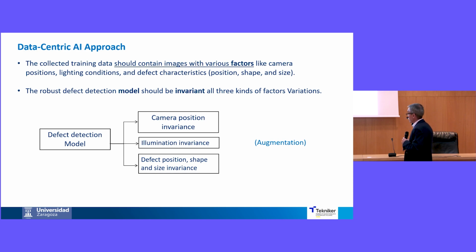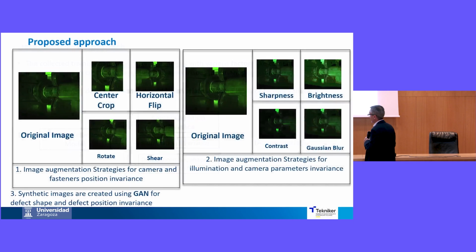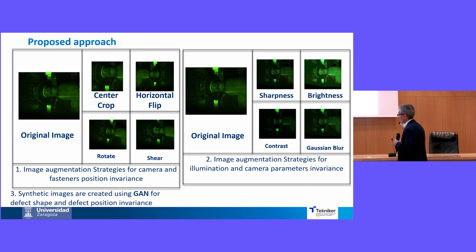Using this dataset, we have to develop and train a model that should be invariant to these factors. There are a lot of factors, for example the camera or part position, the illumination, and the defect position, shape, and size. So we have to develop some image augmentation techniques.